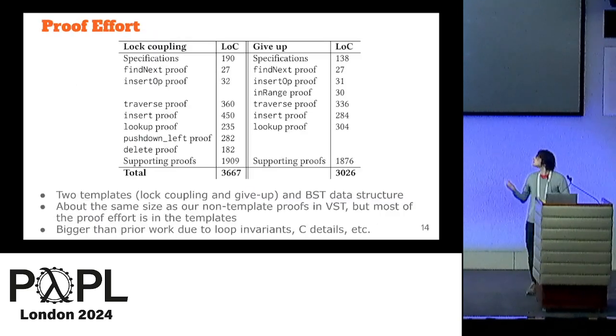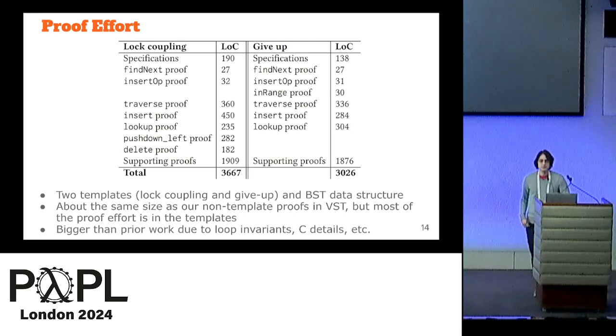So here's a quick summary of the proof effort that went into our verifications. We ended up proving correctness of these two templates, lock coupling and give-up, and one data structure, the binary search tree. Most of the effort went into proving the correctness of the traverse functions and coming up with their loop invariants.